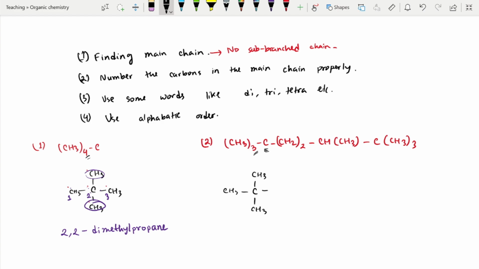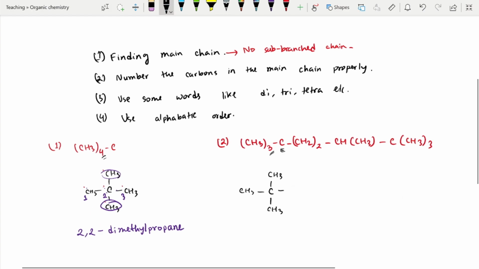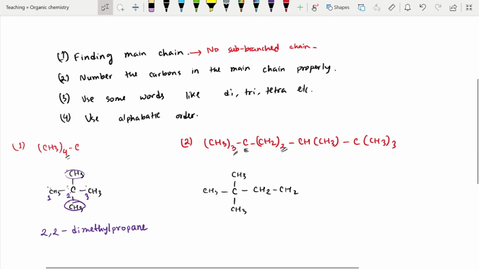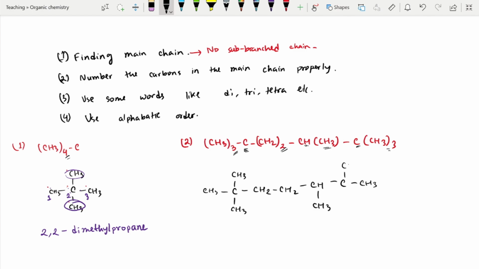Then this carbon is connected with two methylene groups, CH2, CH2, and these two methylene groups are connected with this CH, which has a branch of CH3, and then it is connected with a carbon, and this carbon is connected with 3 methyl groups. So CH3, CH3, CH3.